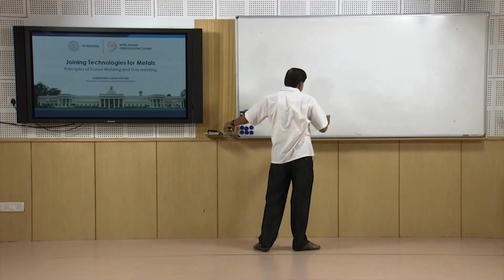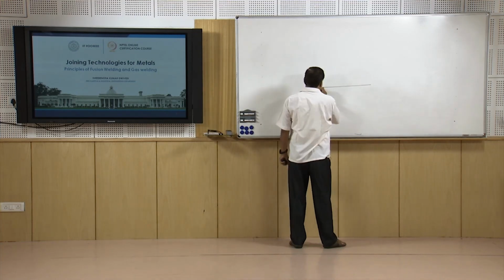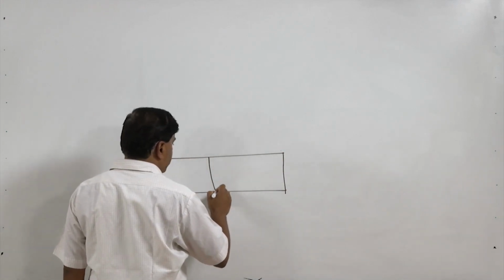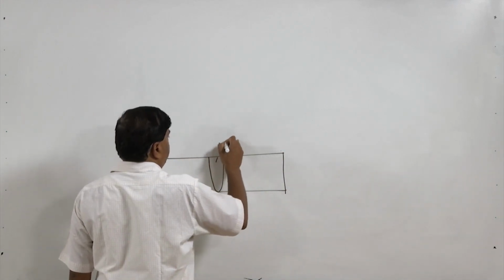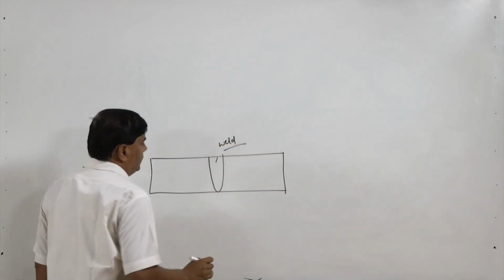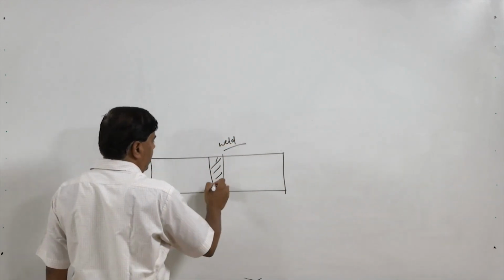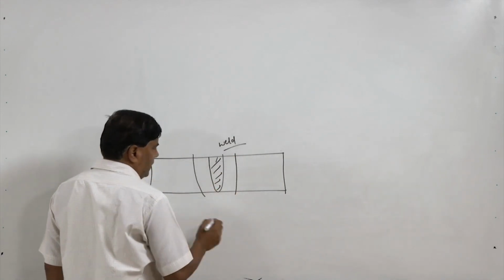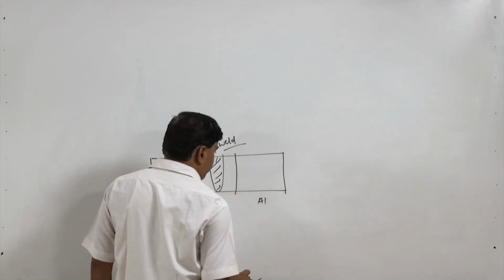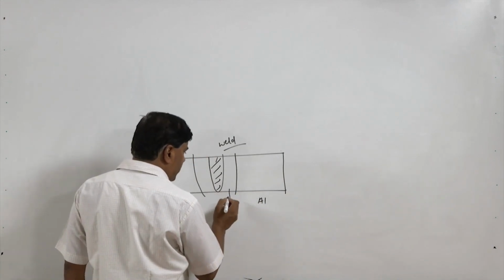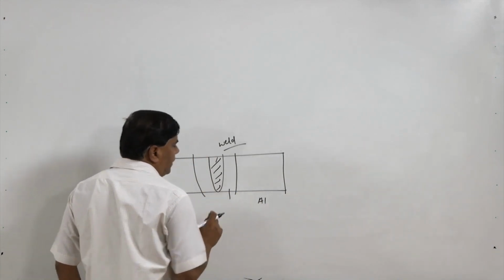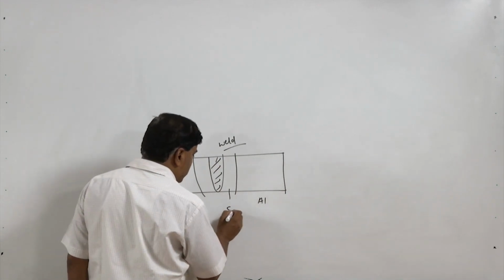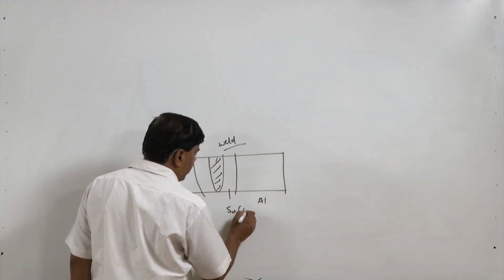So, efforts are always made to control the size of the heat affected zone. Now, we will see the different metals respond to the heat in different ways, especially in the heat affected zone. Say this is the weld area, and some of the metals like aluminum, this zone, due to the heat of the welding, usually gets softened.